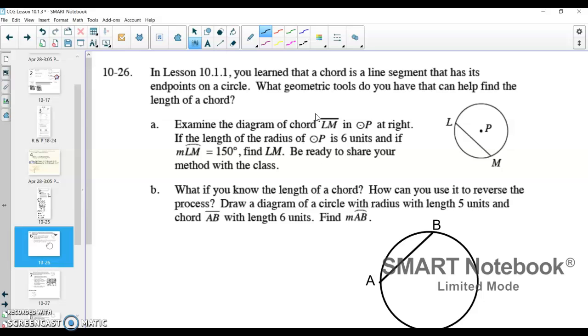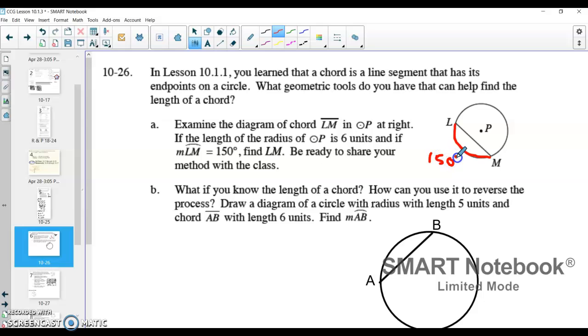But let's take a look at what the problem says. Examine the diagram of the chord LM in circle P. If the length of the radius is 6, and if the measure of arc LM is 150, find the length of LM. All right, so what that's saying is that this little arc out here, I'll try to draw it precisely, that red arc right there, the measure of arc LM is 150 degrees.